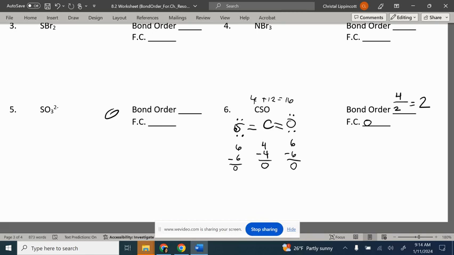So on problem 5, which is right here, we have sulfur. And we need to calculate our electrons. So here for my sulfur, I'm going to have 6. 6 plus my oxygen is 6, but I've got 3 of them, so it's going to be 18.